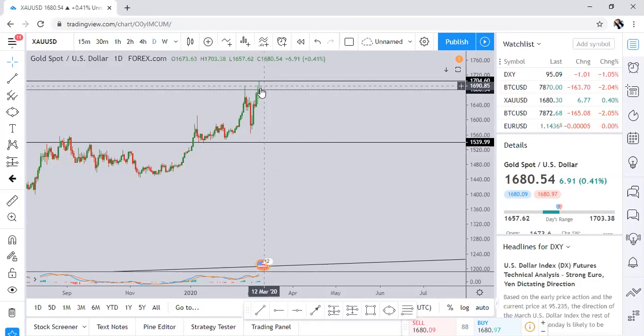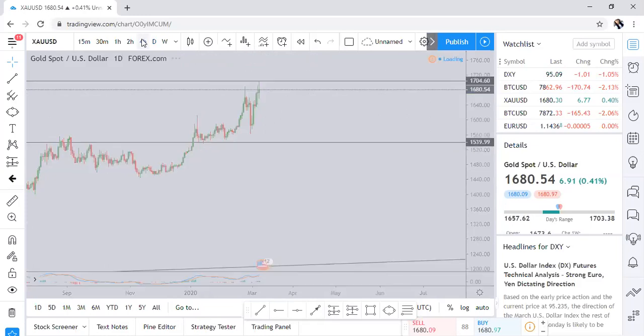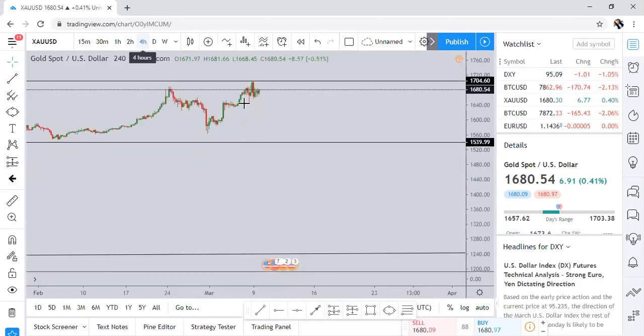So now what we're going to look for is our setup. We already know from here I can make use of this place as an entry based on reversal. But now we didn't meet this entry, so we tend to look for another setup. What we have to do is switch to the lower time frame again to see maybe we can find something like a flag or structural break.